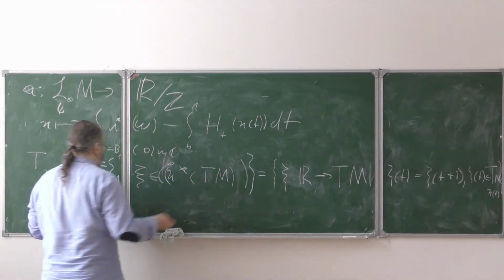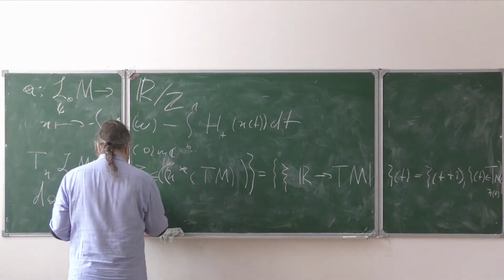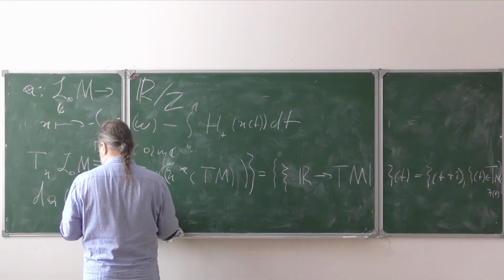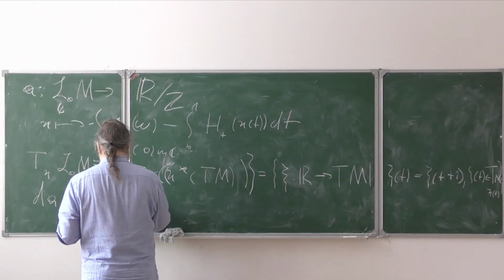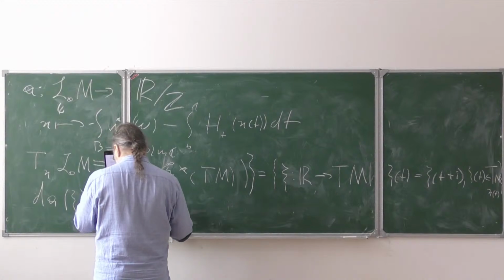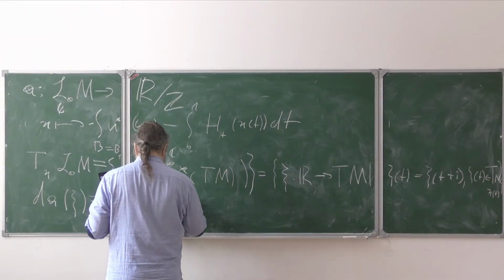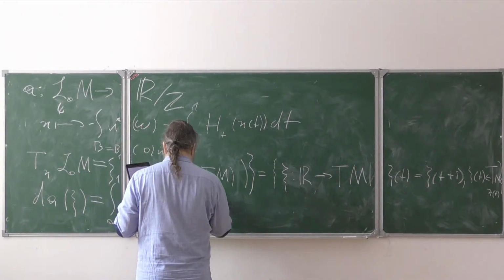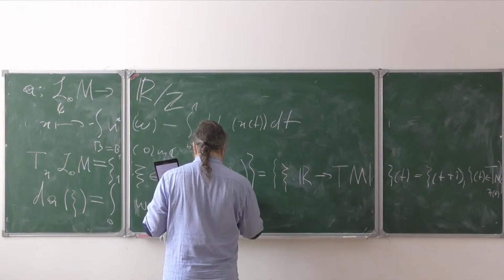We know what the tangent space is, so to calculate the differential we need to specify its value on every tangent vector, in other words, on every element of the tangent space. Let me take such an element, and the result is omega of minus x_t taken at x of t.